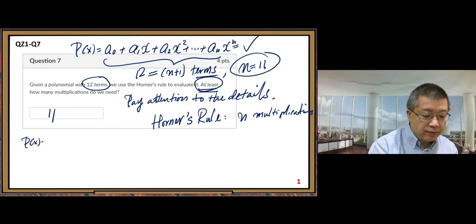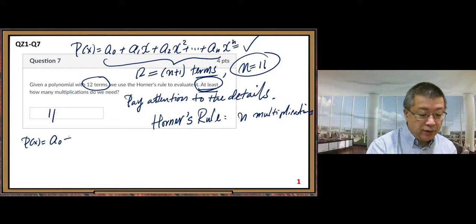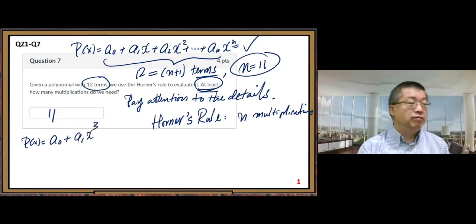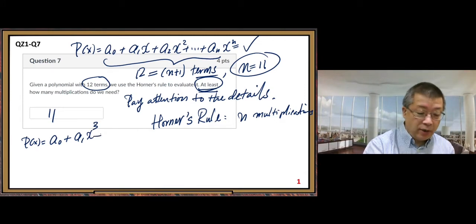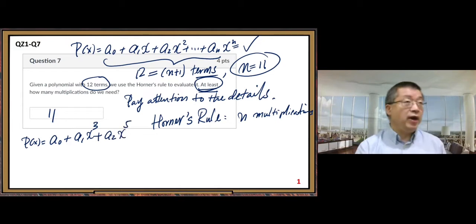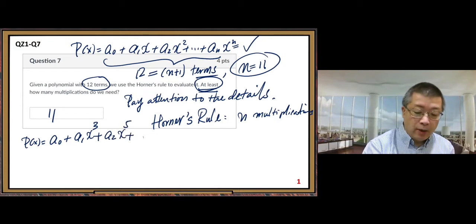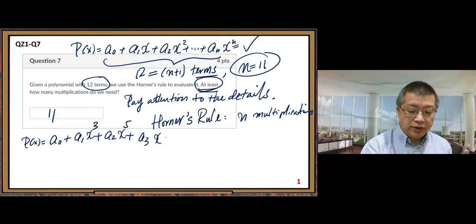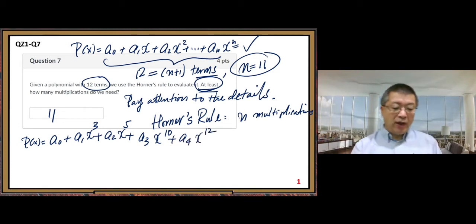P of x equals A0 plus A1 x cubed. It's also a polynomial, right? Plus A2 x fifth. How about that? A3 x to the 10th. How about that? A4 x to the 12th. How about that?